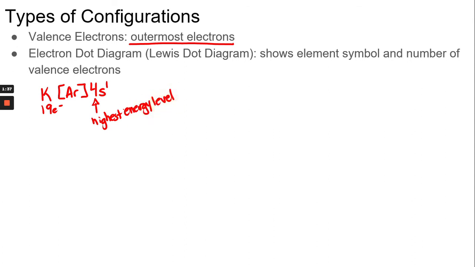And the highest energy level tells us the outermost electrons. So if we look at the fourth energy level for potassium, because potassium is on row 4, we have one electron. So we have one valence electron for potassium.